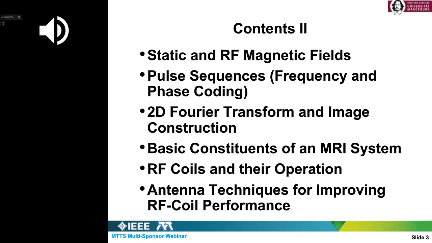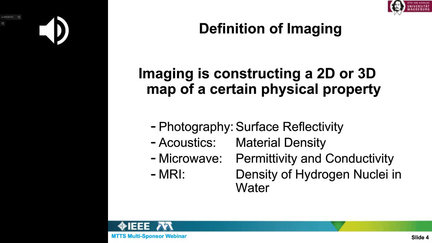I'll give you a quick overview of the constituents of an MRI system, highlight the role of the RF coils, and then end the talk with some borrowed antenna techniques for improving the RF coil performance, and then I will conclude the talk.